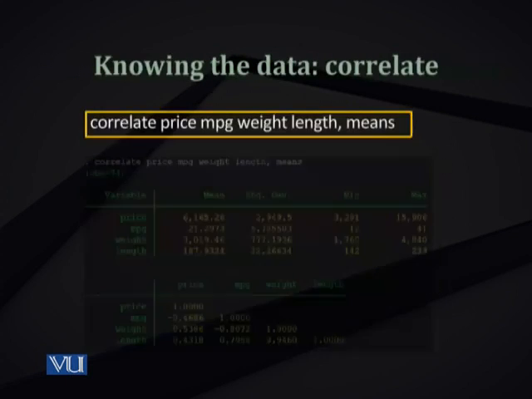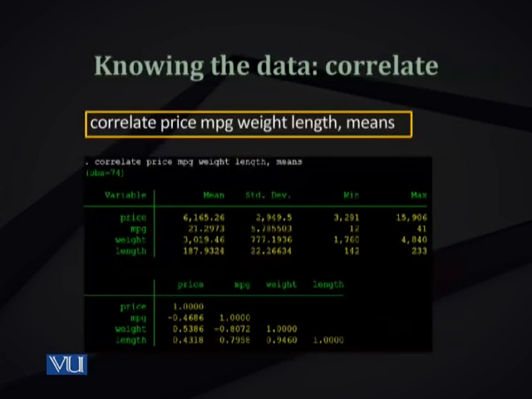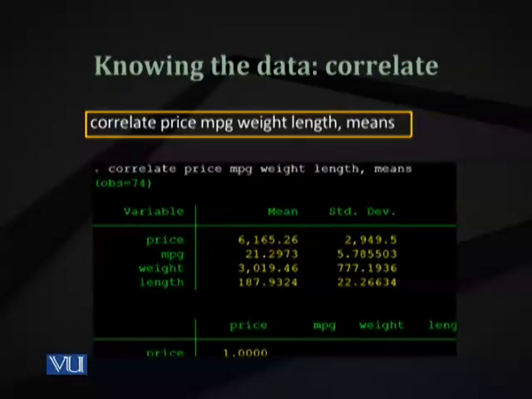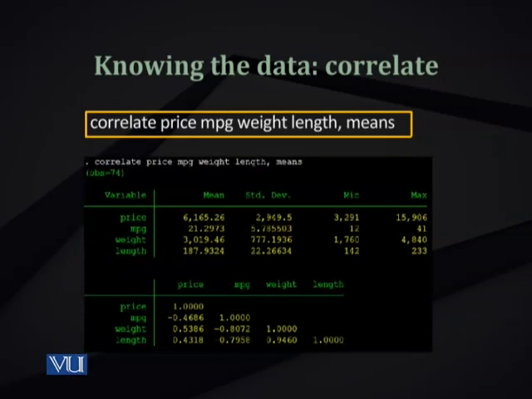You can specify options with correlate. For example, the option means will give you means as well as correlations. So let's see what happens. Correlate variables, comma means. The result specifies that first you have the means for all the variables. You have means and standard deviation, minimum and maximum values.